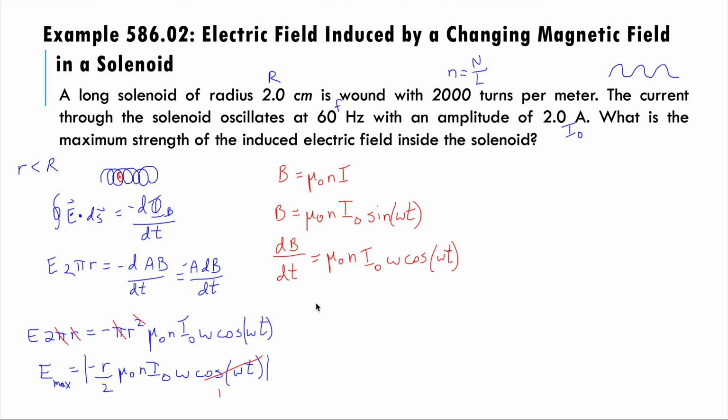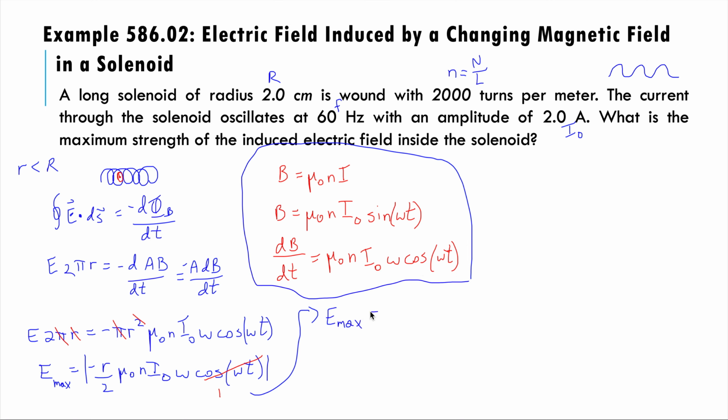So let's go ahead and write down what we have left here. Let's continue right here. So the maximum field is going to be equal to r over 2 mu naught n I naught omega.